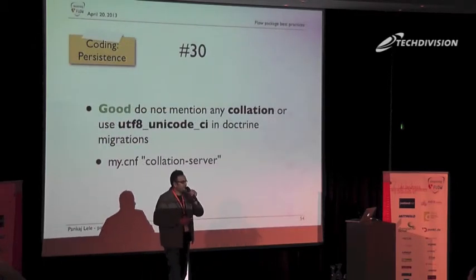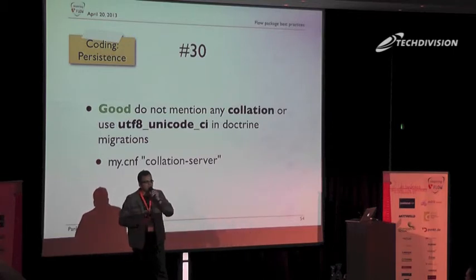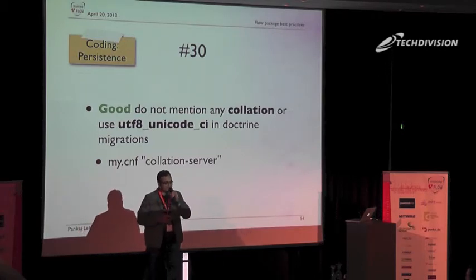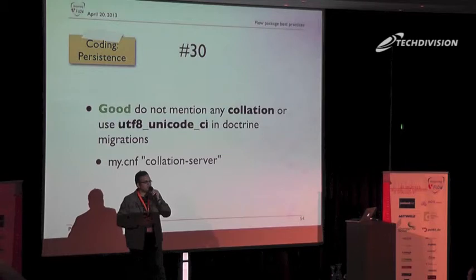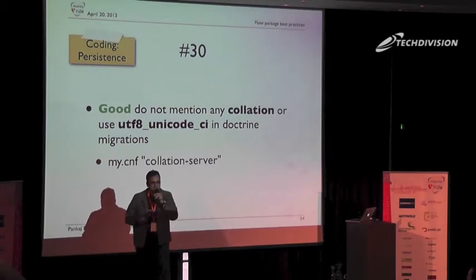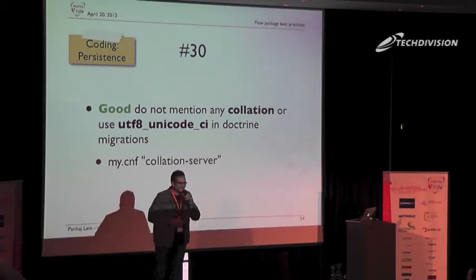While using the UTF-8 support, it's a good practice to use this UTF-8 Unicode CI instead of the UTF-8 general CI, which, I read in a mailing list, is a Stone Age kind of encoding.